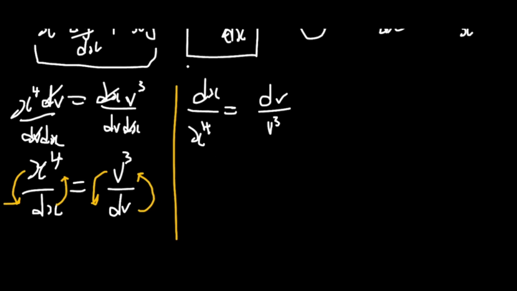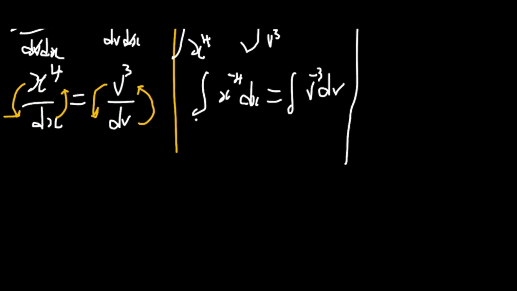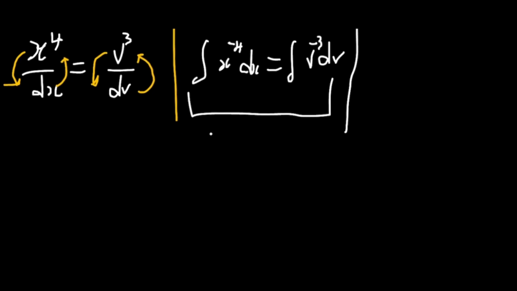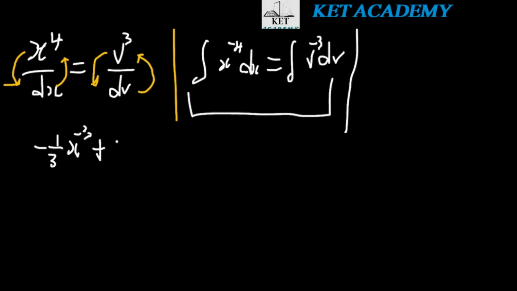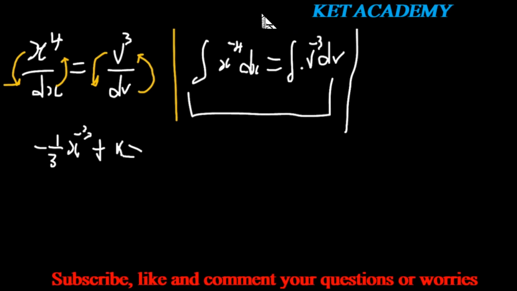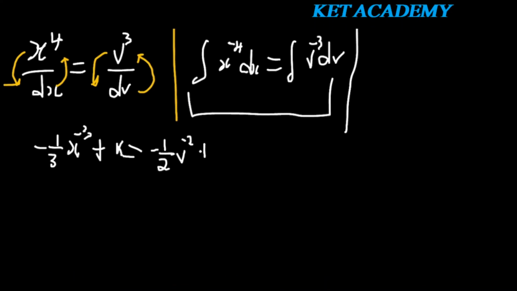So okay, now to integrate this function, we're going to have the integral of x to the minus 4, which can be written as negative 1/3 x to the minus 3 plus our constant k, equals the integral of this, which can be written as negative a half v to the minus 2.